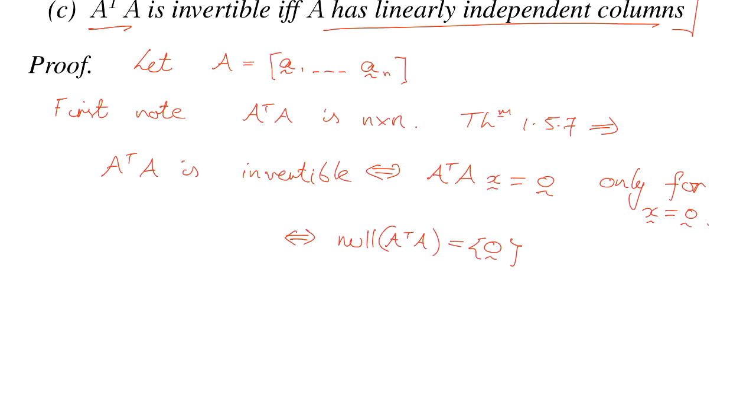But by part A, the null space of the Gramian is just the null space of A. And this is not trivial, you've got to prove part A, but once we know part A is true, the Gramian is invertible if and only if the null space of A is trivial.